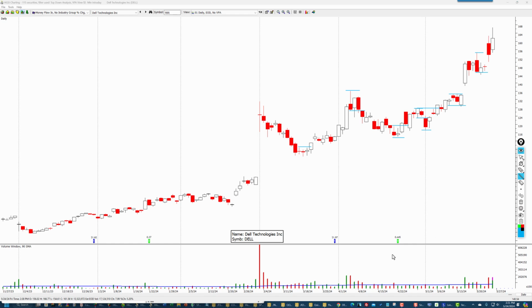Now if I am going to bring this up here. So from this point, this is a positive structure. This is a positive structure. This is a positive structure because this close here is much higher than this one. And then today, it's following through.